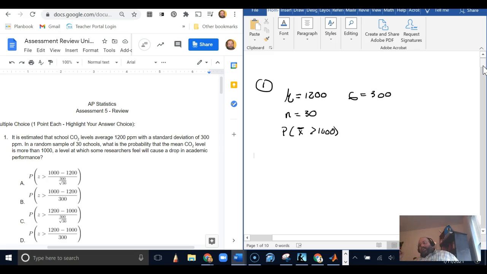If we're talking about the mean of the sample, the means of the samples are distributed normally here, right? We're good with it being normal because the sample size is at least 30.